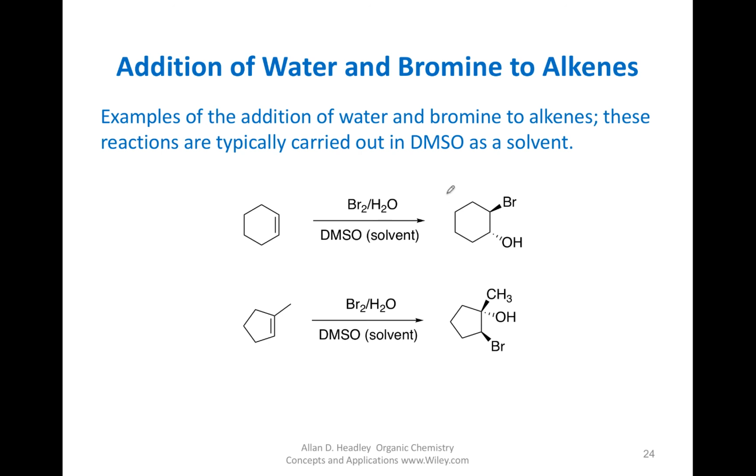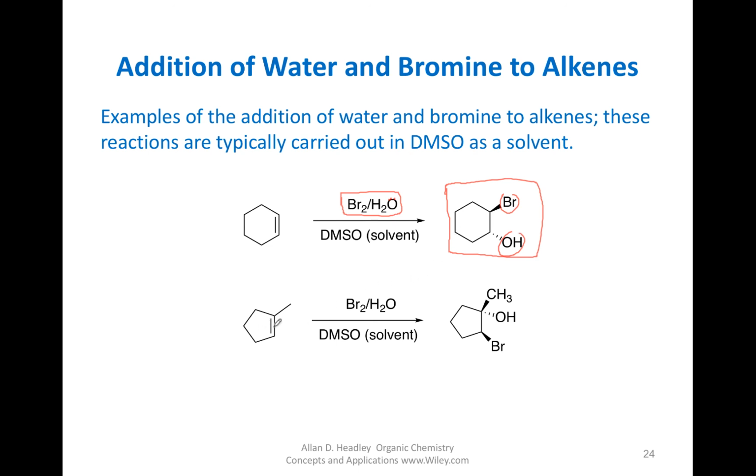If you're asked to predict the major product here, you can see this is bromine in the presence of water. This is a nucleophile. As we have seen, the bromine will form the bromonium ion, and the nucleophile will attack that bromonium ion to give trans stereochemistry, called a bromohydrin.